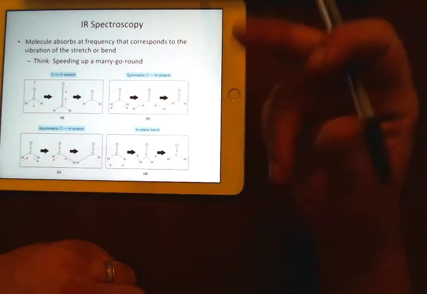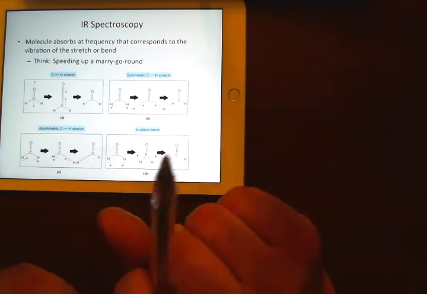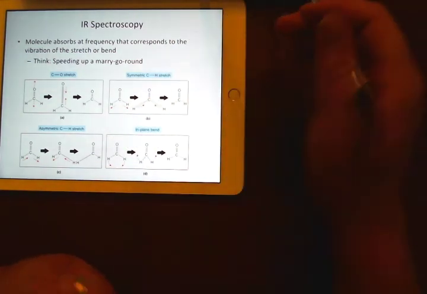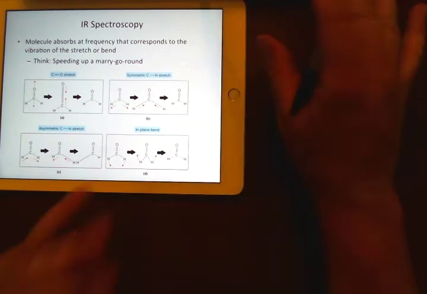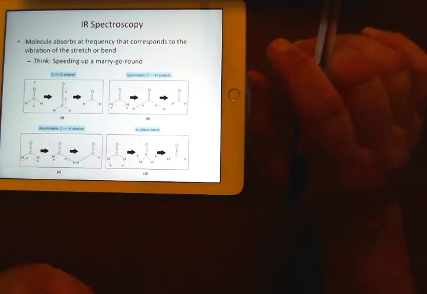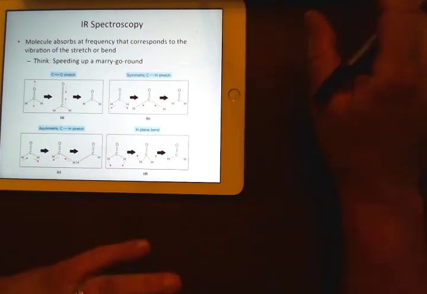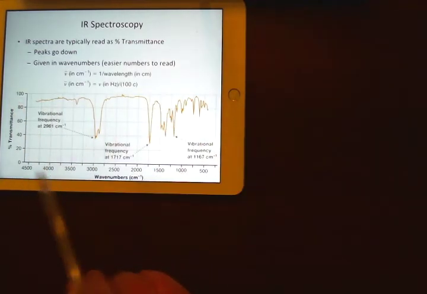You hit the resonance of it, and so the molecule absorbs that. You can think about it like trying to speed up a merry-go-round or push a swing: you can't just hit randomly, it doesn't work, right? But if you hit it at a very specific frequency, you can get that to go faster and faster. That same thing's happening here.